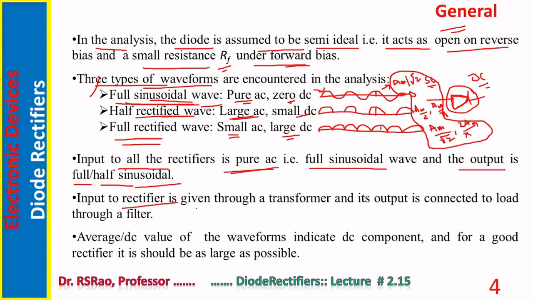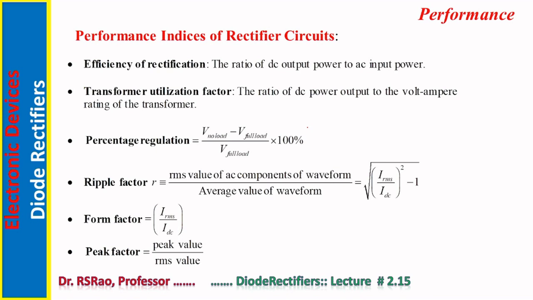Input to rectifier is given through a transformer and its output is connected to load through a filter. Average or DC value of waveforms indicate the DC component, and for a good rectifier, it should be as large as possible. Now, a few points regarding performance of rectifier circuits.